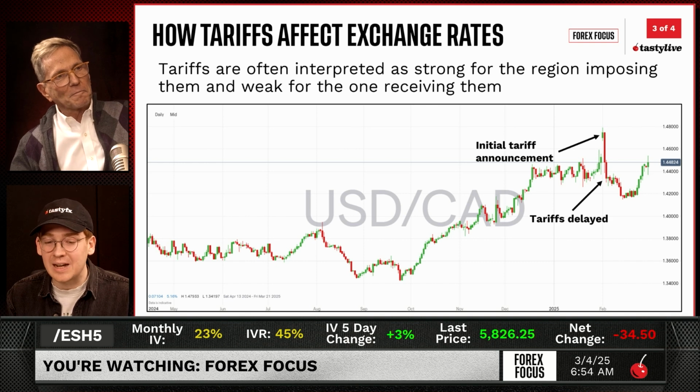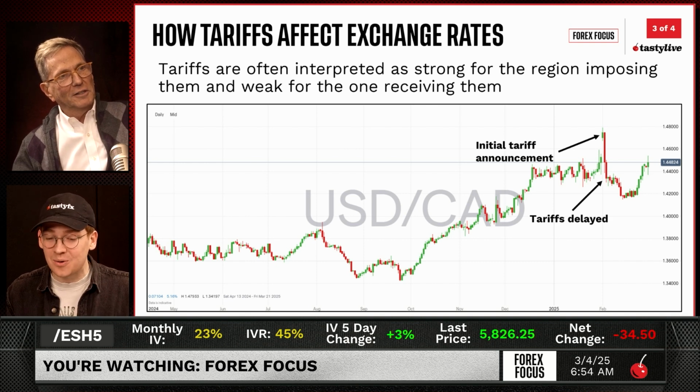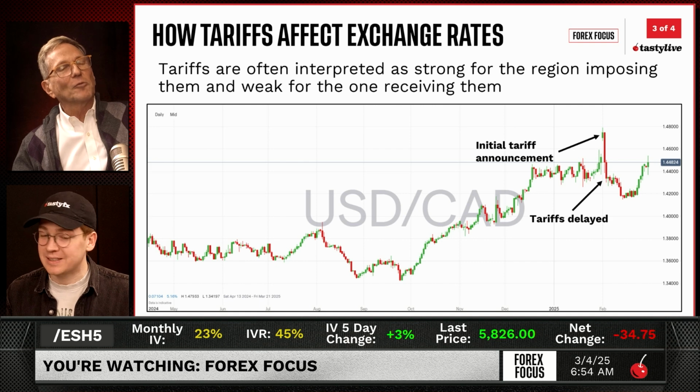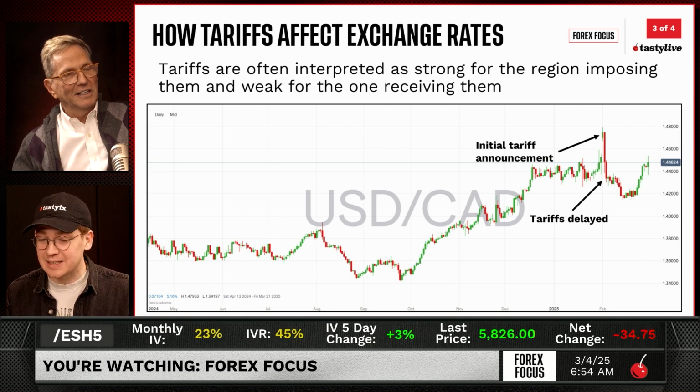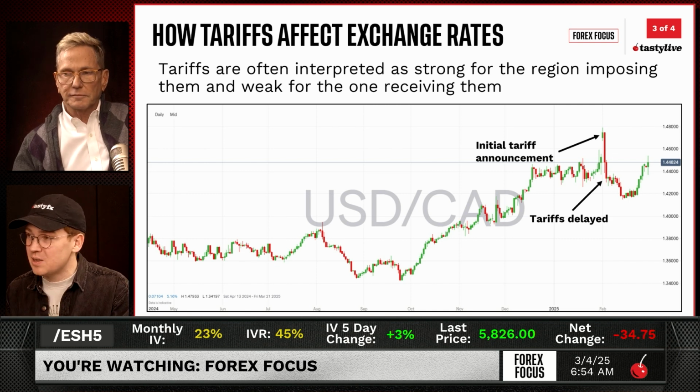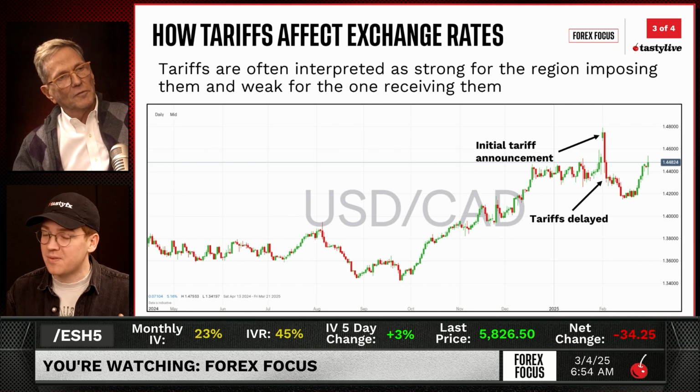Well, even outside of trading, if our job right now is explaining how tariffs affect exchange rates, what's really nice is that we had the head fake of we're going to put these tariffs in, and then they didn't put them in, and now they may finally be putting them in.